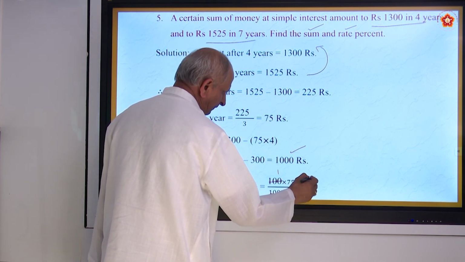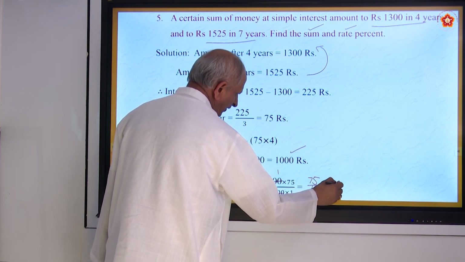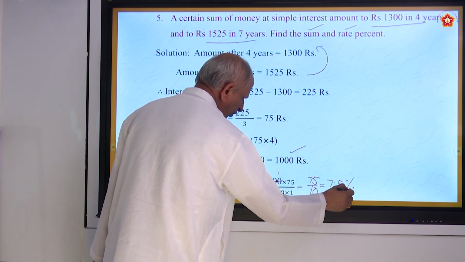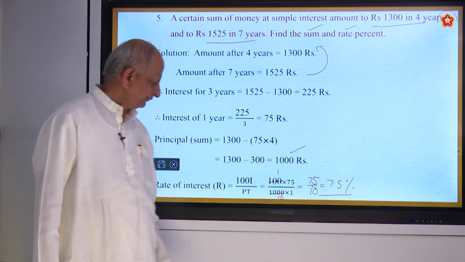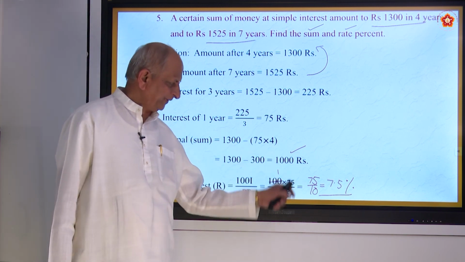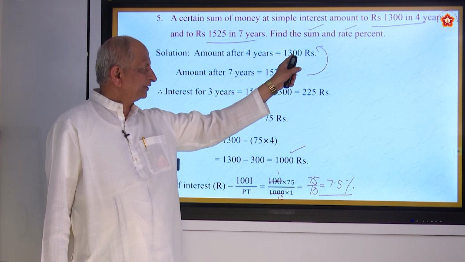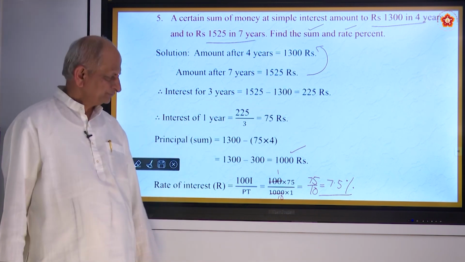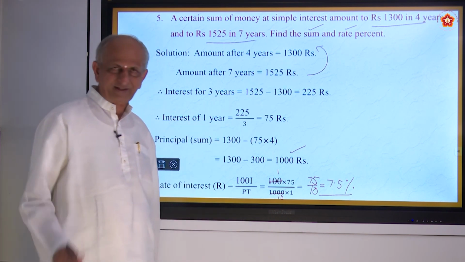This 75 by 10 is equal to 7.5%. So interesting. So rate of interest is 7.5. Principal is 1000 rupees. And you can just apply it here. You get interest first, then you have to add it to the principal. You get the amount. Right?